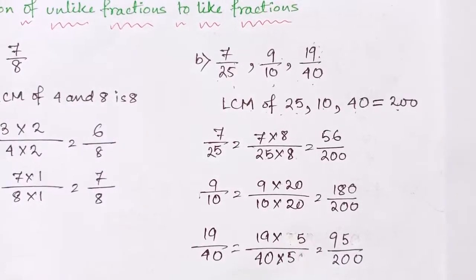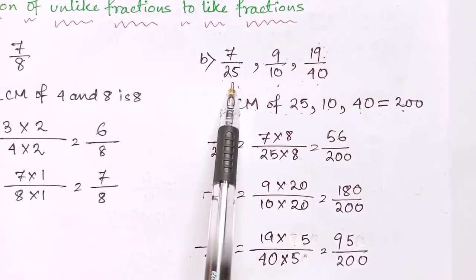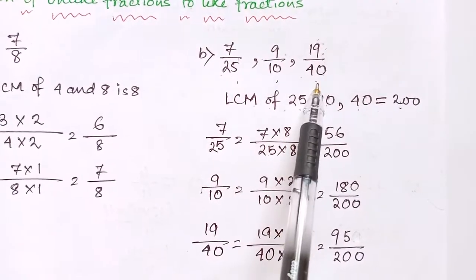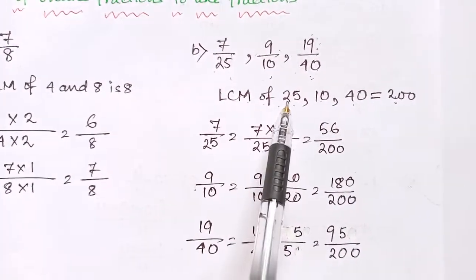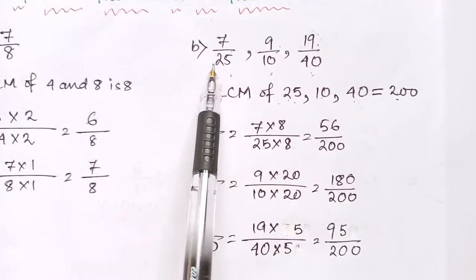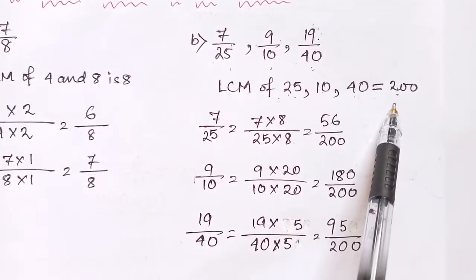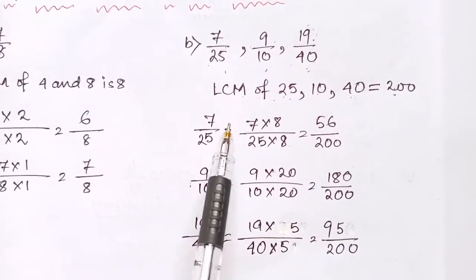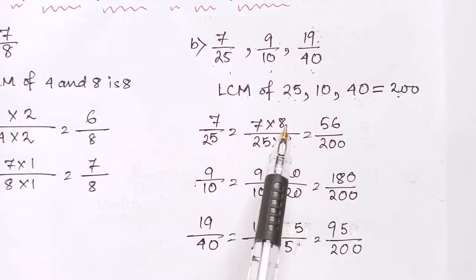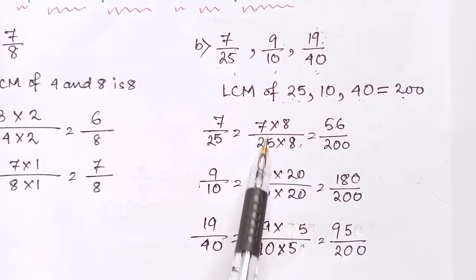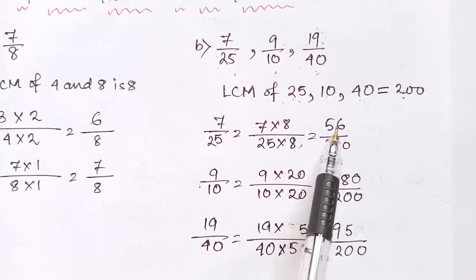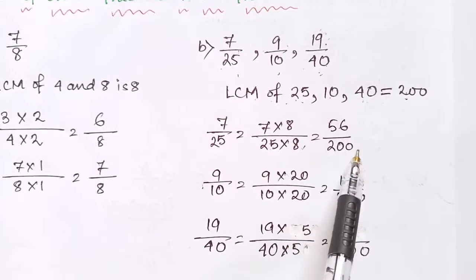Okay, now come to example number B. 7 by 25, 9 by 10, 19 by 40. The LCM of 25, 10 and 40, that is all the denominators, is equal to 200. Now, to get the like fraction, we multiply the same number, that is 8, with both the numerator and denominator and get 56 by 200.